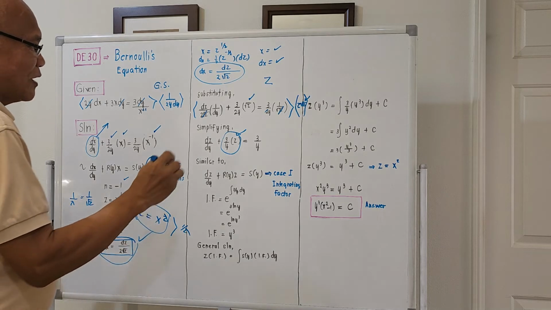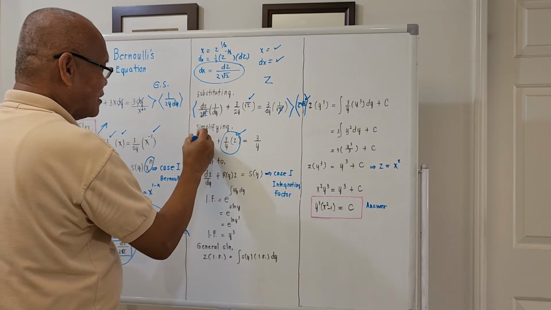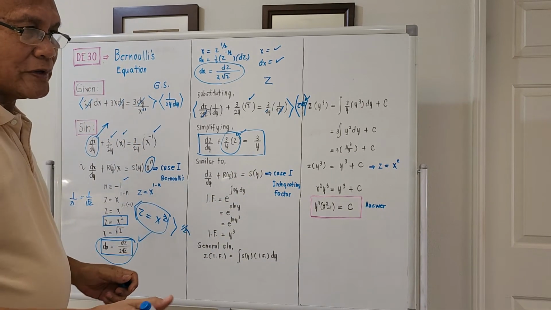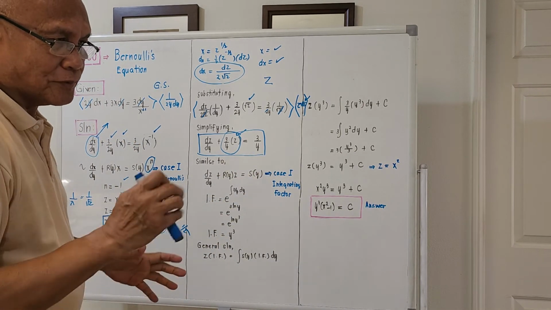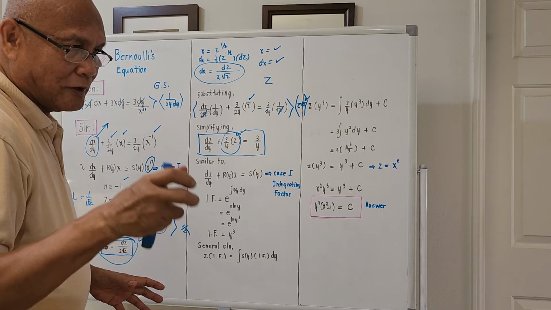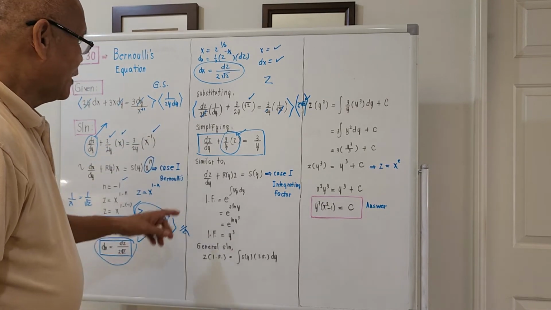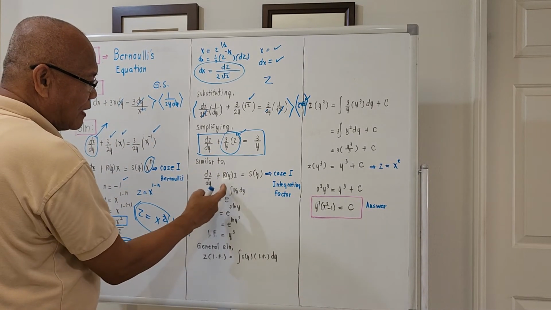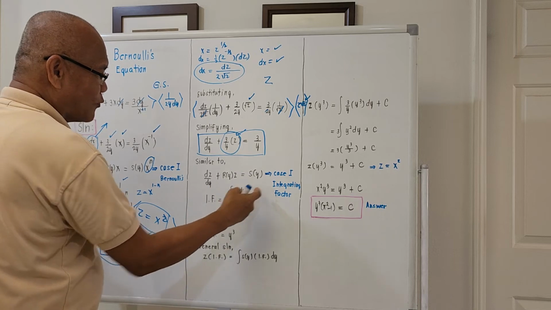So after the substitution, what comes out is now a simpler differential equation, which falls under the solution of a differential equation solvable by using integrating factor. It is similar to the form dz over dy plus r of y times z equals s of y.